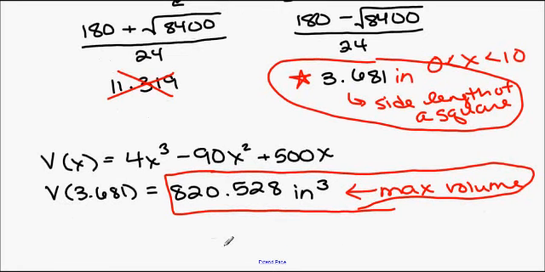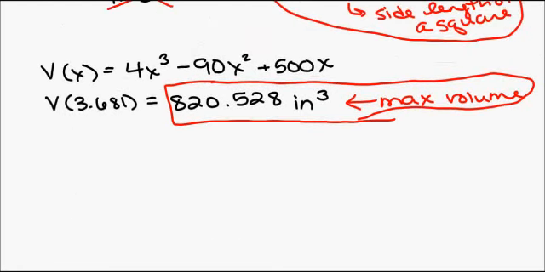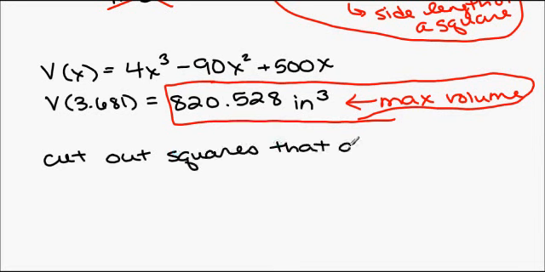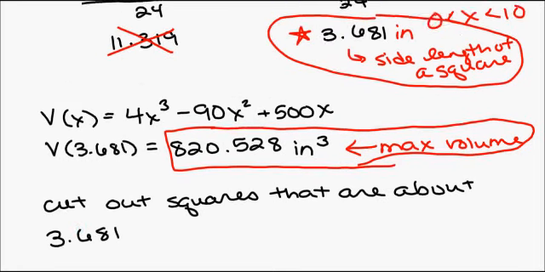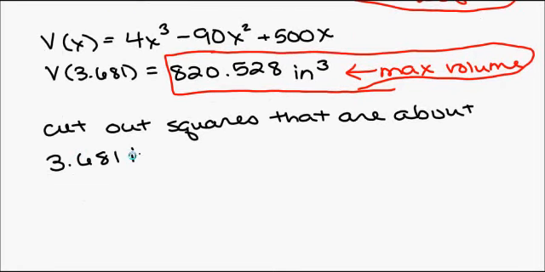I could also write a nice concluding sentence and say cut out squares that are about 3.681 inches on a side.